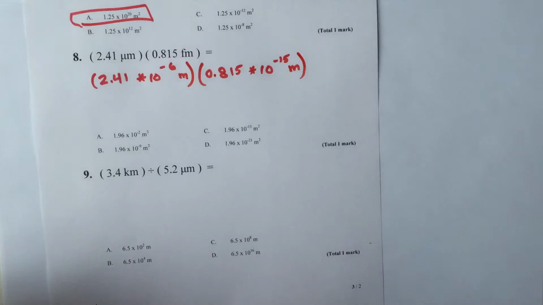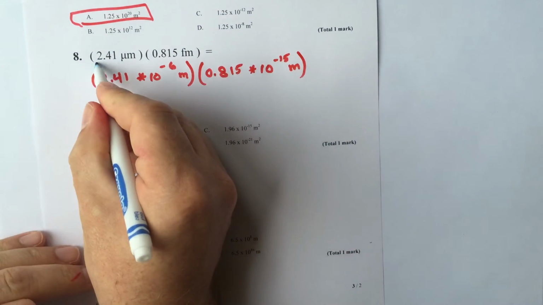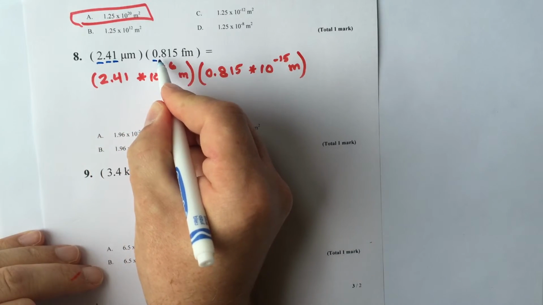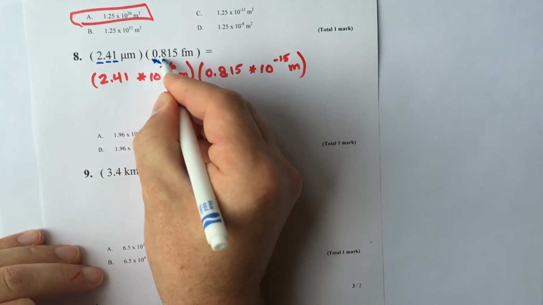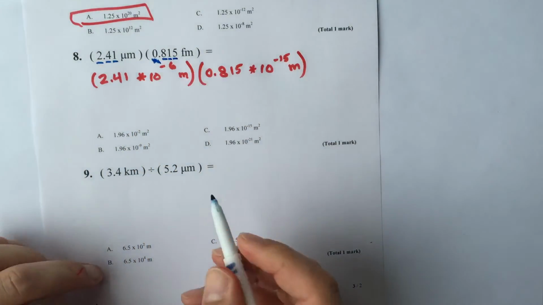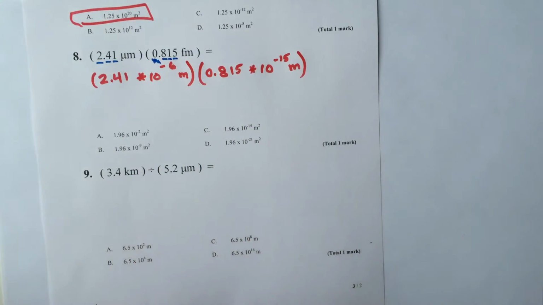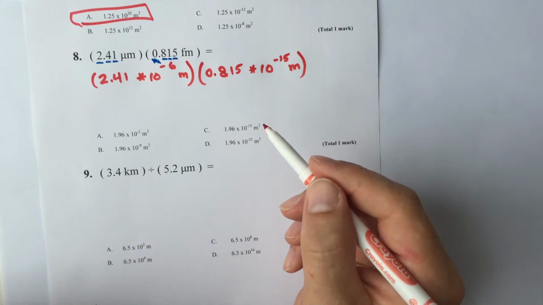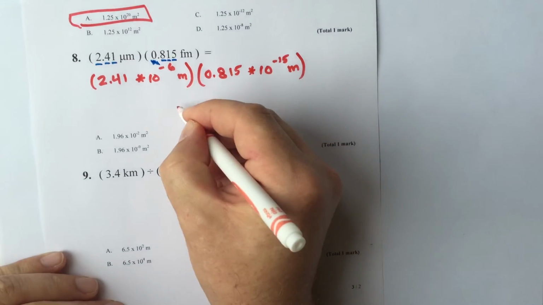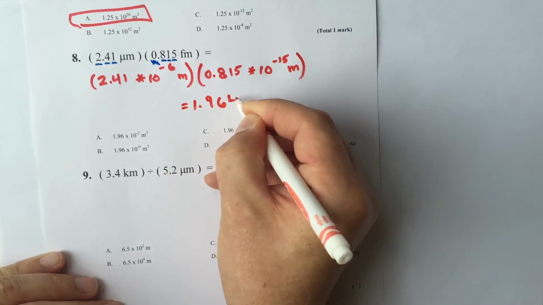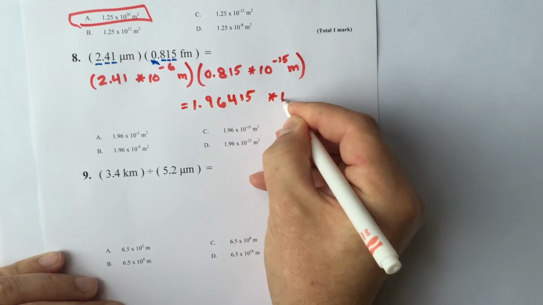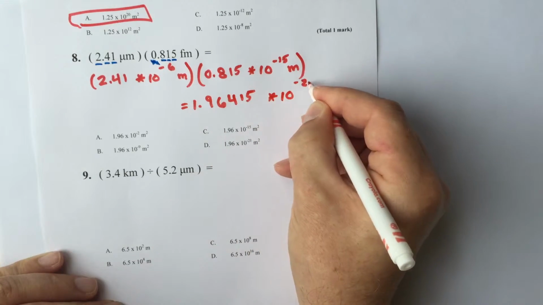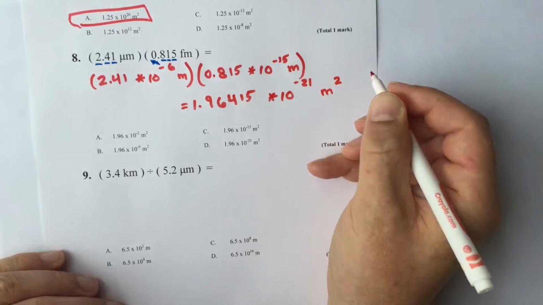Put this into our calculator. Preliminary 1, 2, 3 sig figs, right? So our answer should have 3 significant figures in it. When you calculate this, you're going to get something like this times 10 to the negative 21 meters squared.